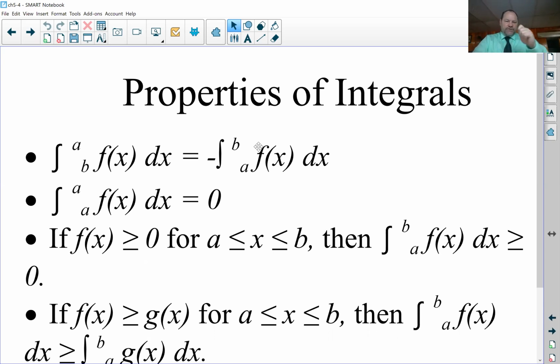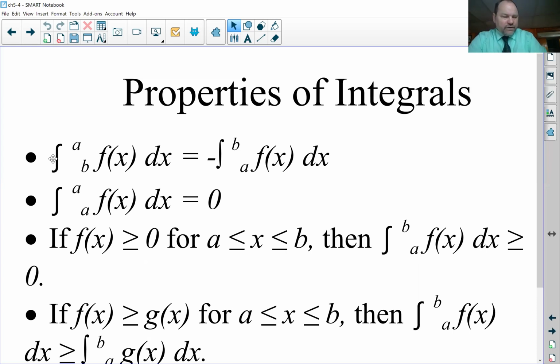So you can change the limits around and just put a negative in front. This should make sense, because on the left-hand side, that would be capital F of A minus capital F of B. On the right-hand side, it would be the opposite of the quantity, capital F of B minus capital F of A. So that negative would work out.